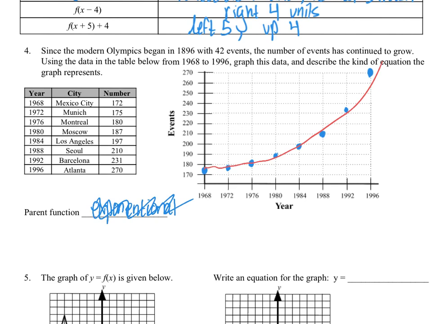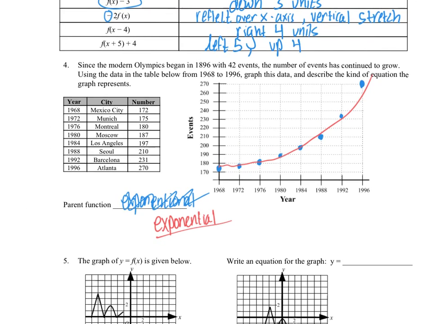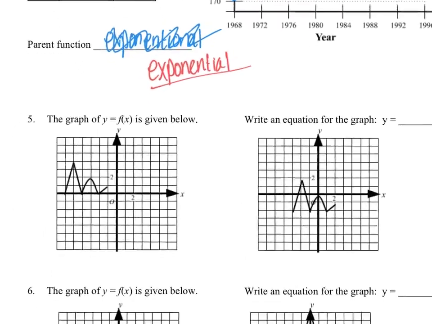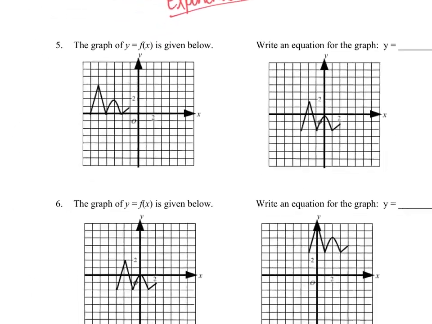It's not how you spell it, obviously. Exponential. Okay. So if you weren't sure what this would look like, or if you don't remember your parent functions, then later on you'll be able to see those things, and you can come back and refer to this, and you'll see it is indeed an exponential.